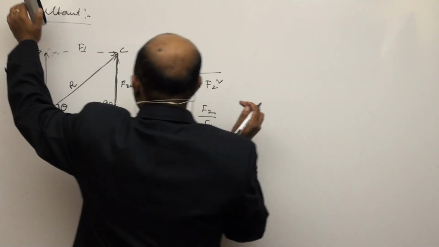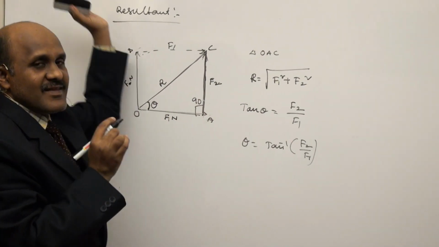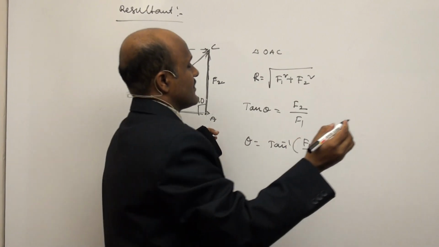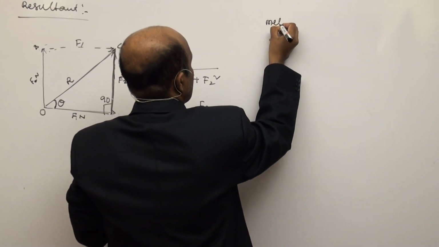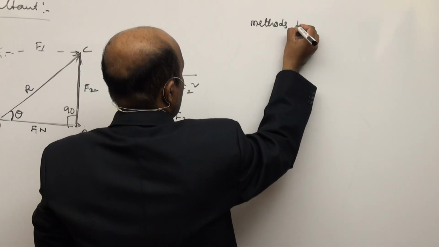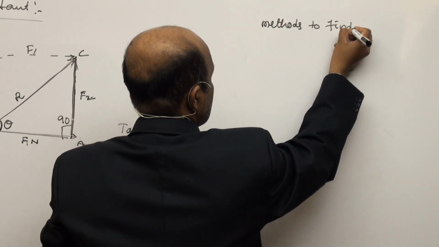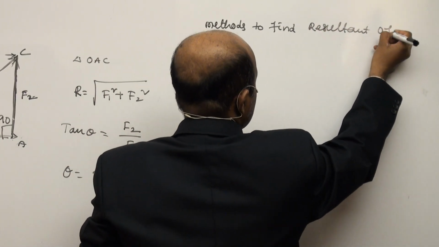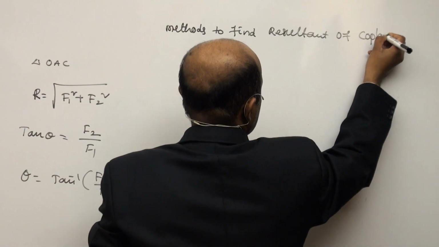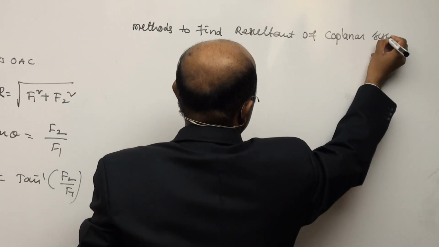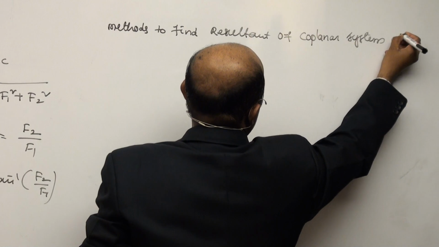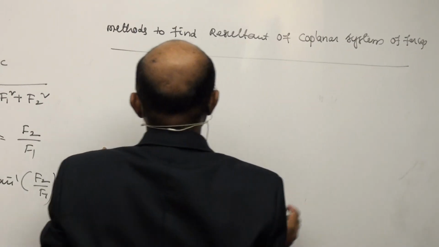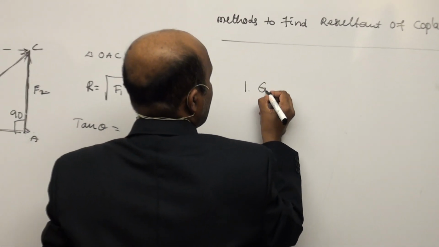Now there are different methods to find the resultant of a coplanar system of forces. The first one is the graphical method.